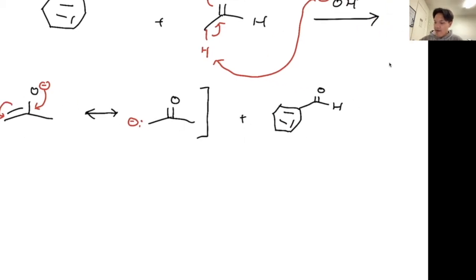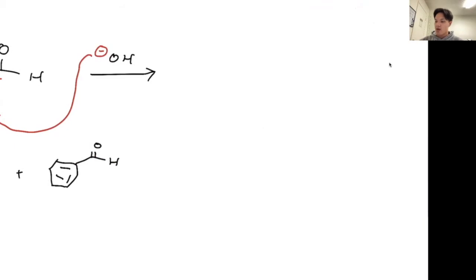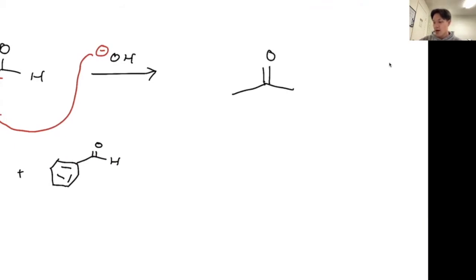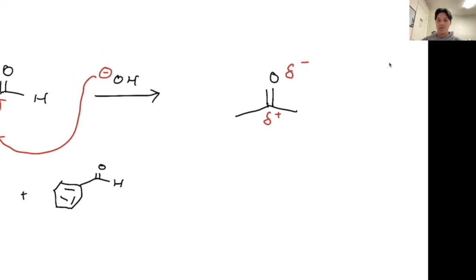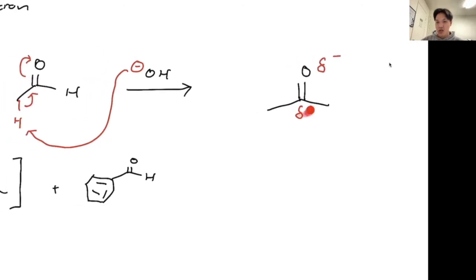And now we have a good nucleophile and we have a carbonyl compound, which we talked about in the previous video, where this carbonyl compound has a delta positive on that carbon and a delta negative on that oxygen, right?